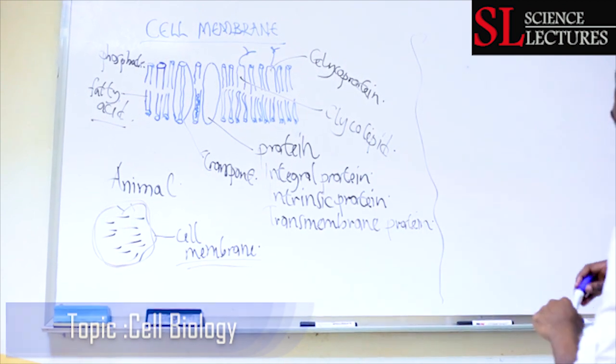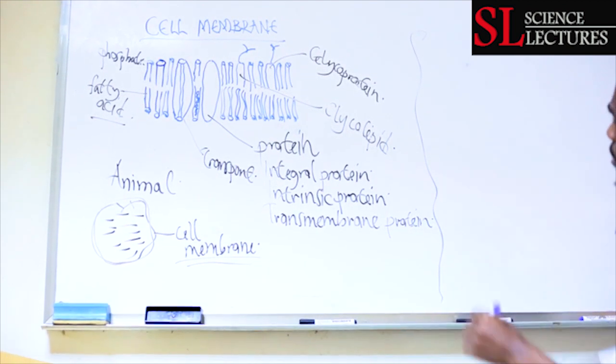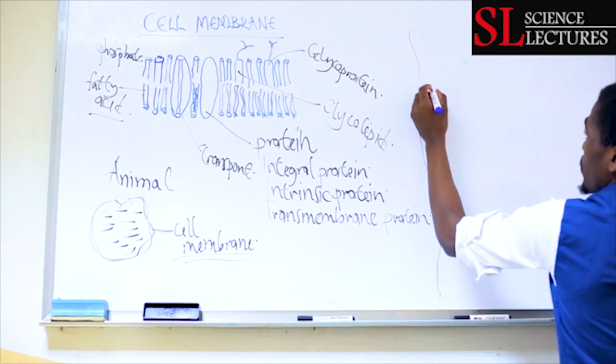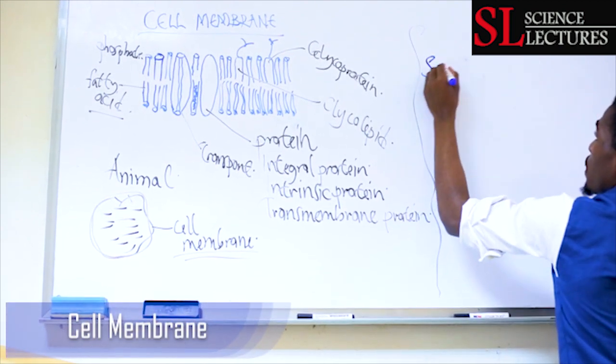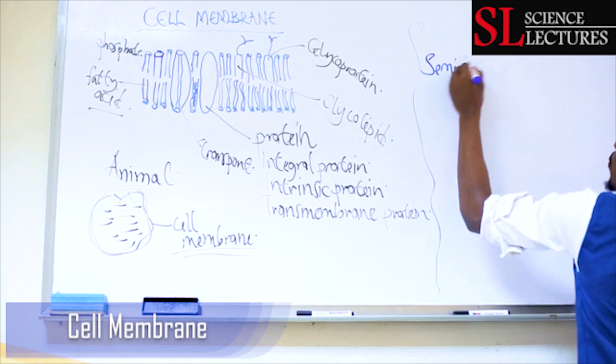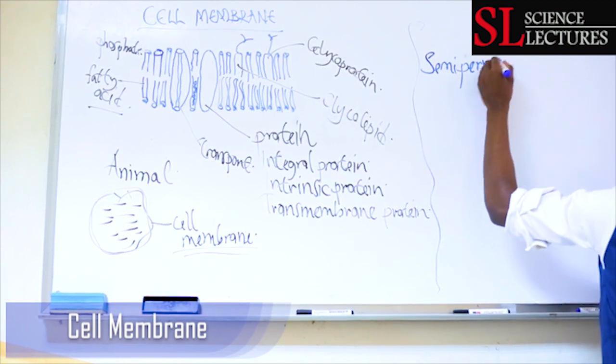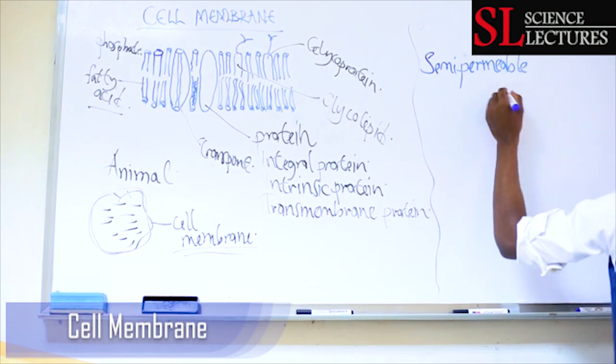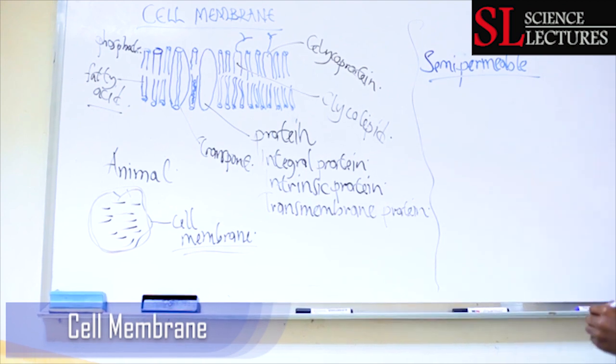We are going to start with what the cell membrane is. We will define the cell membrane as being semi-permeable. What does semi-permeable mean?